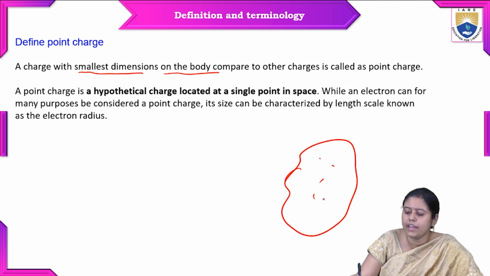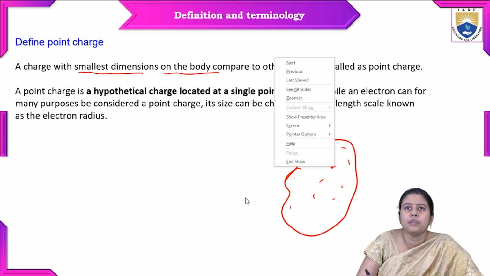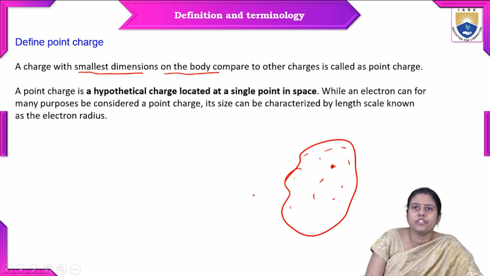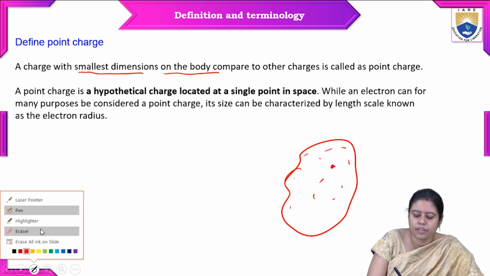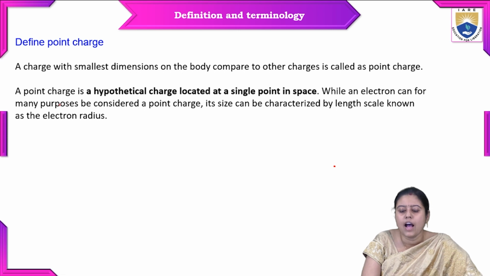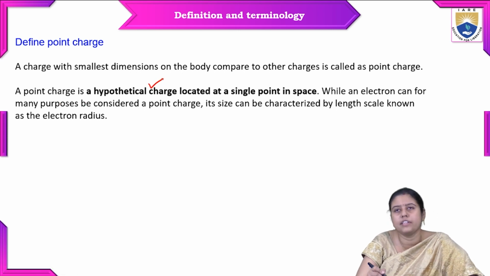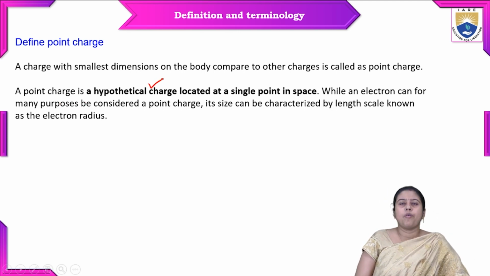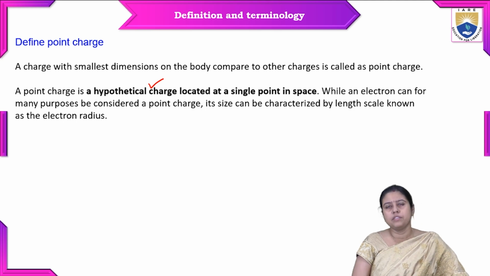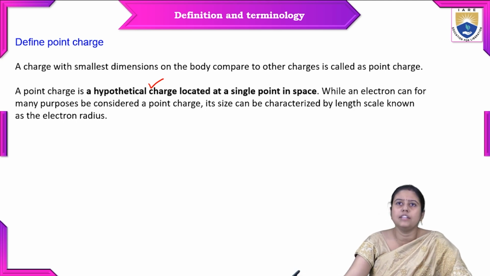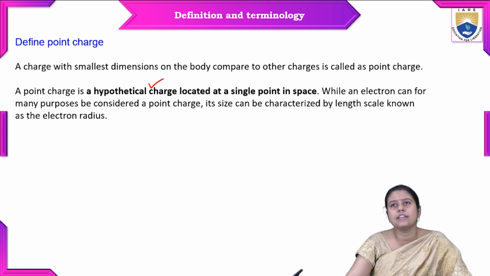Say we have a body, and there are many charges on it. The one with the smallest dimension is known as the point charge. A point charge is a hypothetical charge, and as I told, it is practically not feasible. It is a hypothetical charge located at a single point.